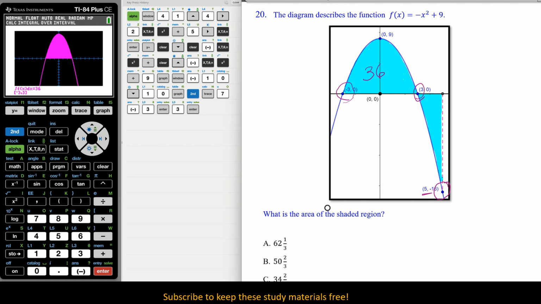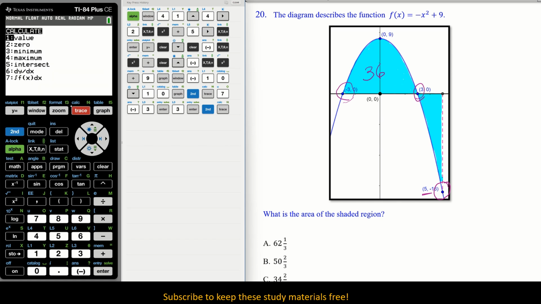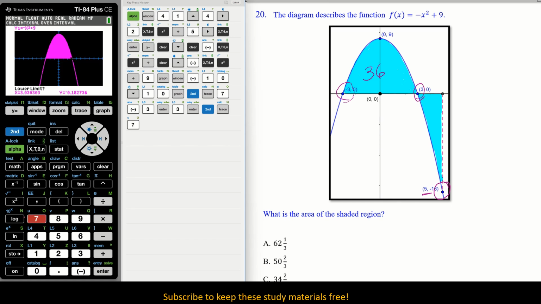All right. So let's do that. So go second, trace again, and number 7, and simply enter 3 first and then the 5, okay? 3, enter. Okay, 5, enter. And in the same place, it gives us a value. However, that value is negative.